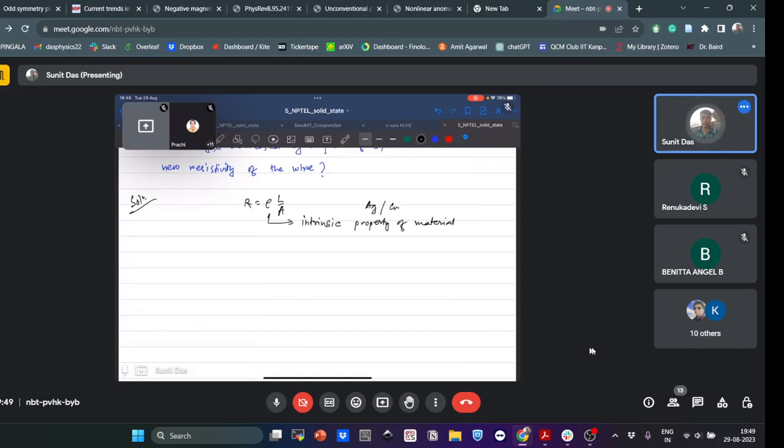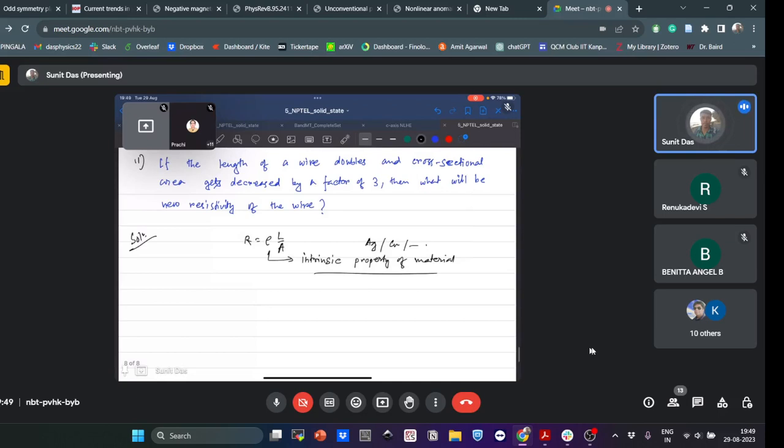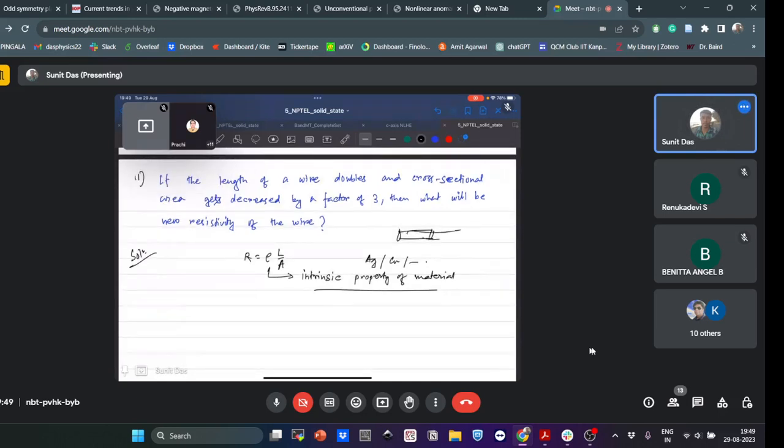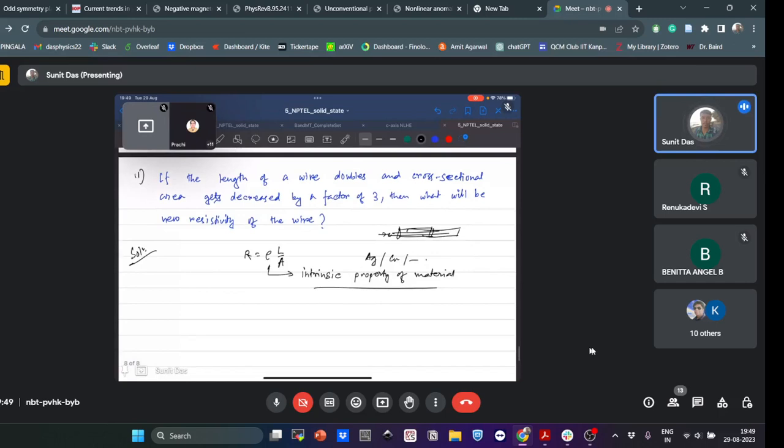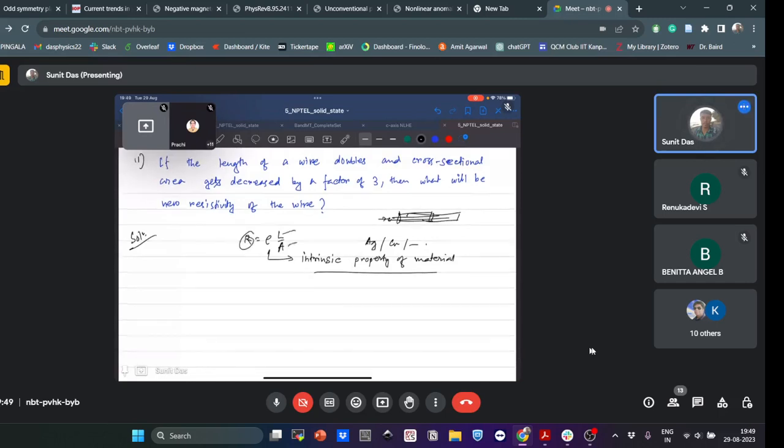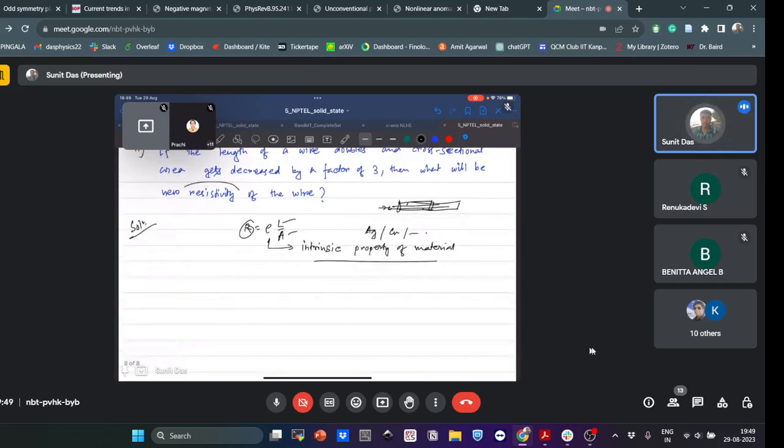It's a property of the material, not the material dimension. If we increase the length and decrease the cross-sectional area, then resistance will definitely change because of L and A. But the question is about resistivity.